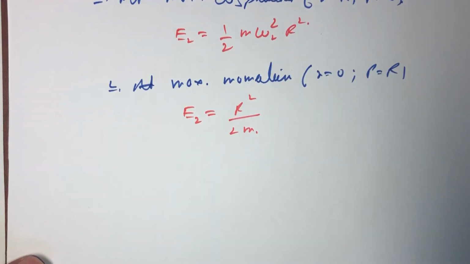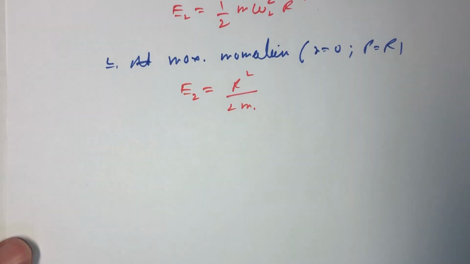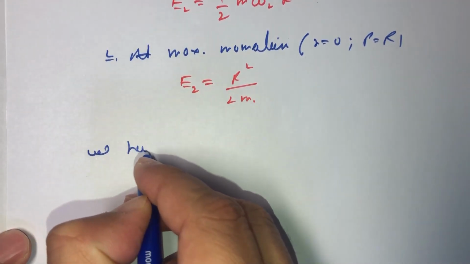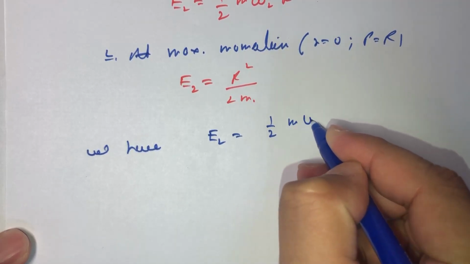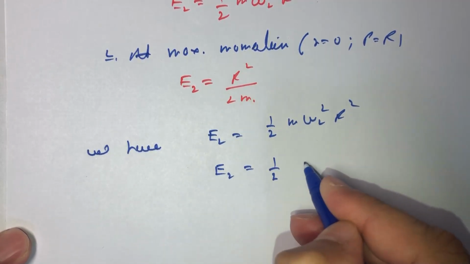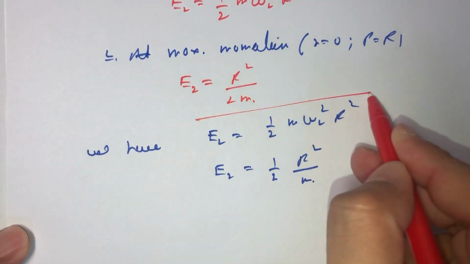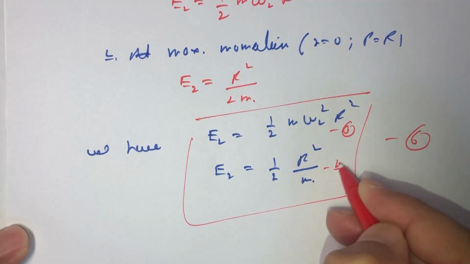Once again, we are given that a by r is equal to n. Okay, so we will sort it later on because it looks almost similar. So let me write it here, that now we have E2 is equal to half m omega 2 square r square, and E2 is equal to r square upon 2m. So these are the two values, let us call this equation number 6, this is a and this is b.